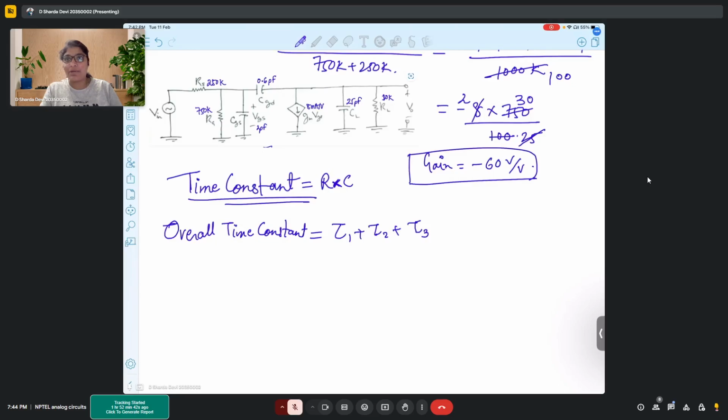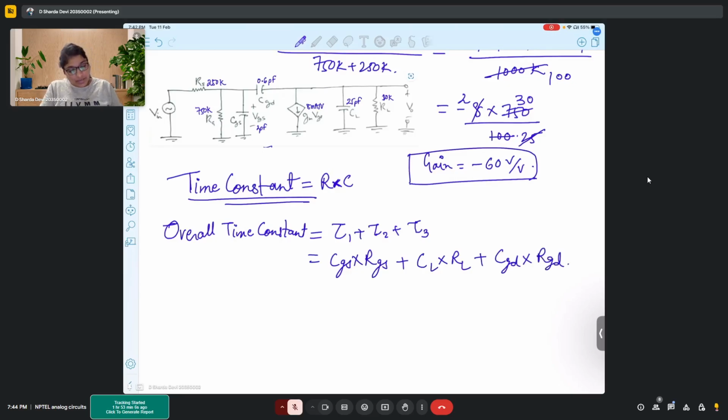And when we multiply R into C, we get the time constant. So what are the capacitors that we have? We have CGS into, let's say, the equivalent resistance RGS, plus CL into its equivalent resistance RL, plus CGD into, let's say, RGD.